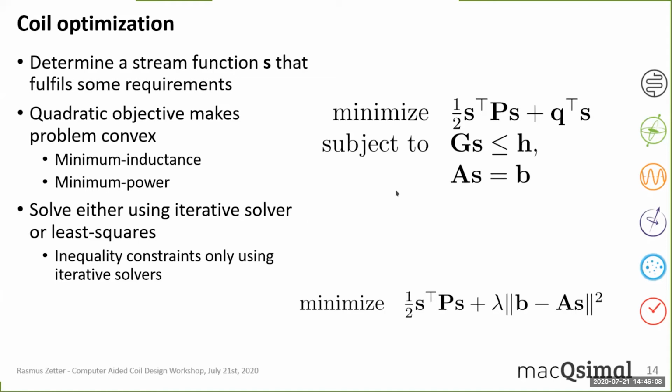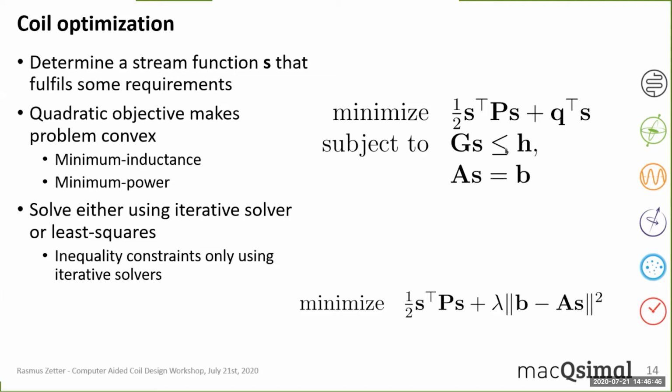Right, so looking at the right side now, the upper expression is the general standard formulation for a quadratic programming problem. This S^T P S here is the quadratic objective. If this P matrix is the inductance matrix of the mesh, then this is a minimum inductance optimization. If it's the resistance matrix, it's minimum power. And this Q^T S term we don't typically use, it's just part of the standard formulation.